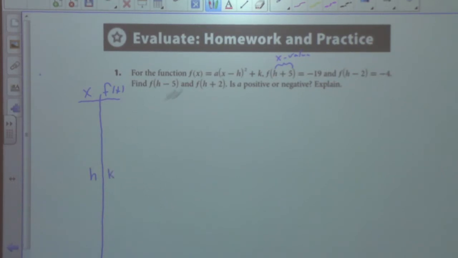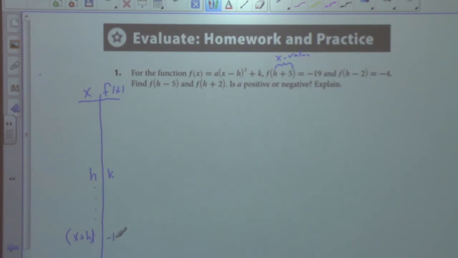So now we have f of x plus h. We don't know what h is. But we know that if we add 5 more to it, 1, 2, 3, 4, 5, so over here, if we have an input value of h plus 5, what is our output value?